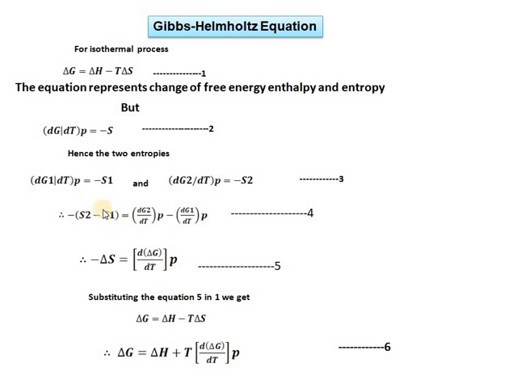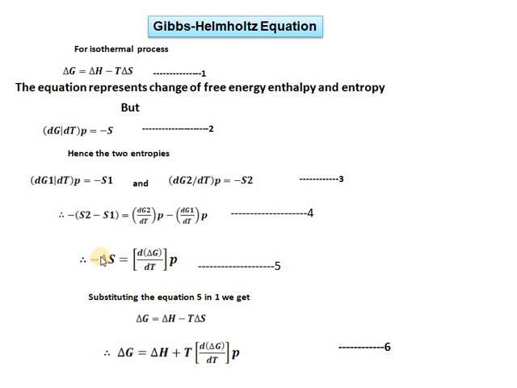Then S2 minus S1 is ΔS, taking d as common, G2 minus G1 is ΔG, and dT will be common, at constant P. Therefore, −ΔS is equal to (dΔG/dT) at P, equation 5.